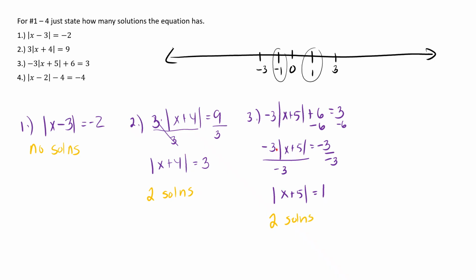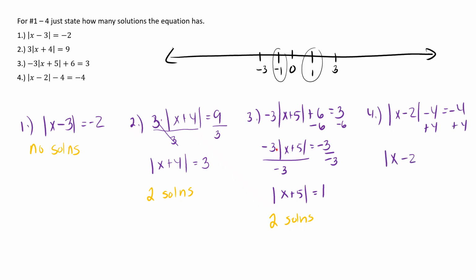And for the last one, we have the absolute value of x minus 2 minus 4 equals -4. Well, as we learned in the lesson, the distance from 0 and then take away 4 from that distance, and we end up with a -4. Like, we need to deal with the -4. So we'll do that by adding 4 to both sides.